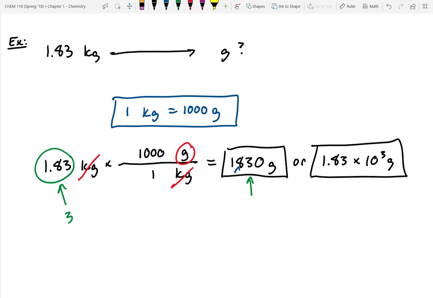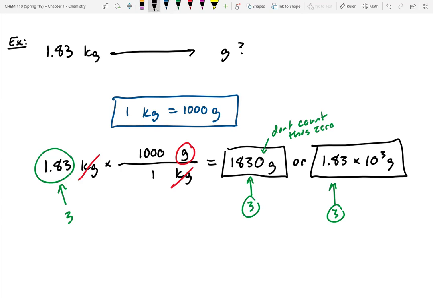So let's go back and take a look at this. If we look at this one, this is 3 sig figs. We don't count this 0. And then this one also has 3 sig figs. So depending on how you write it, you might write it slightly differently. Both answers would be acceptable. Does that make sense? A little bit tricky.